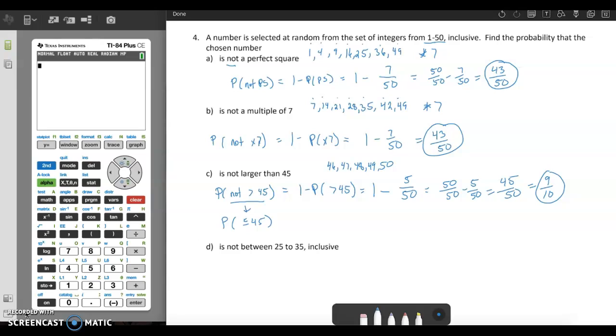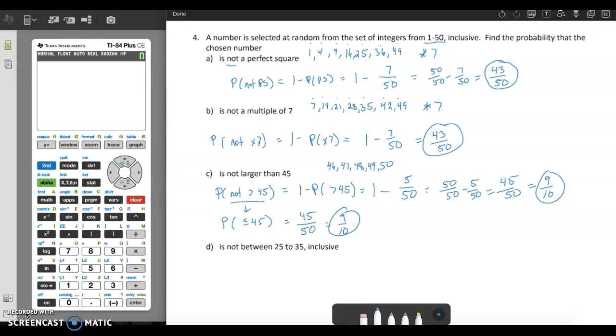So maybe you could have just thought, oh, there are 45 out of 50 values that are less than or equal to 45, and arrived at the same answer that way. So not everything that's written as a complement setup has to be done that way 100%. Usually it's faster, but in this case, I'd say both are pretty much equally as quick.